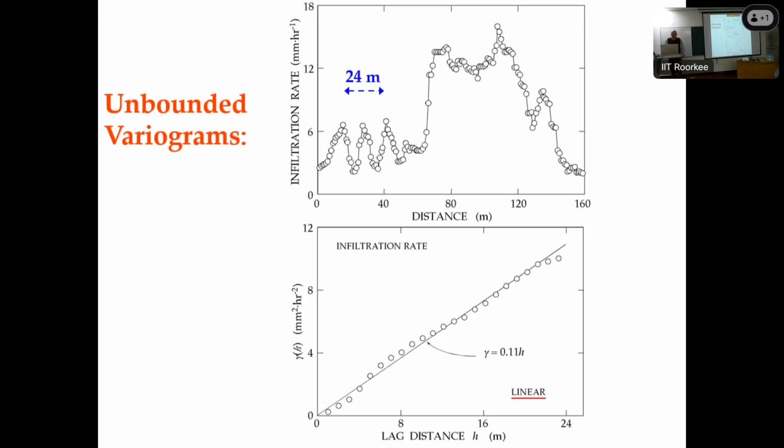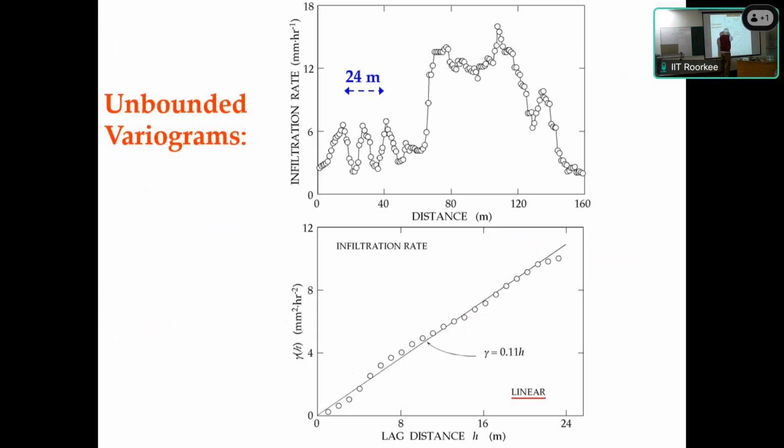Now here an example for unbounded semi-variograms. We have infiltration data. In one part of a field, they are at a low level, then all of a sudden there's a jump. I don't know what it is. Could be a soil type change, could be a different history in management. So it goes up, and the maximum lag for infiltration rate data is 24 meters.